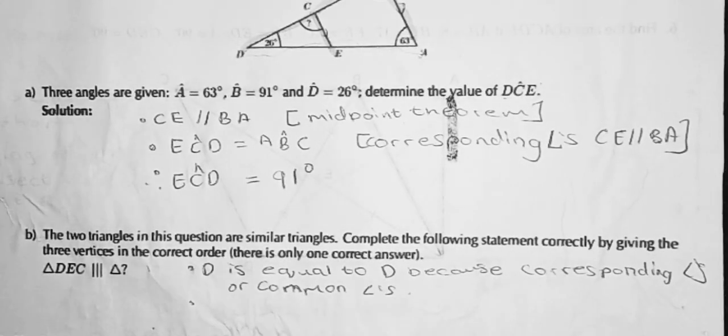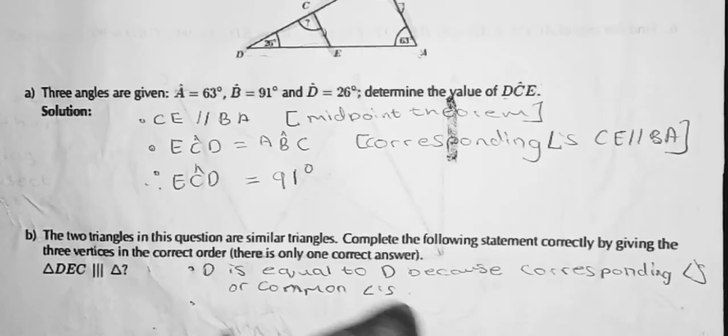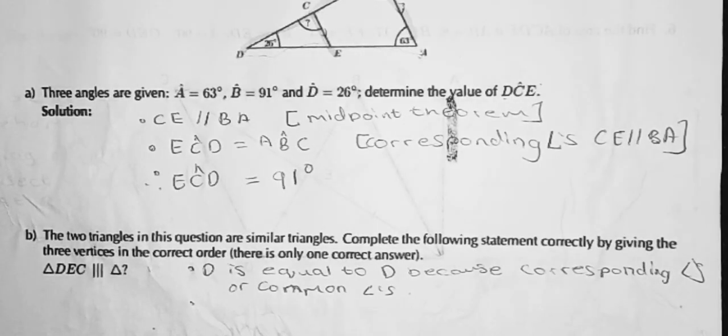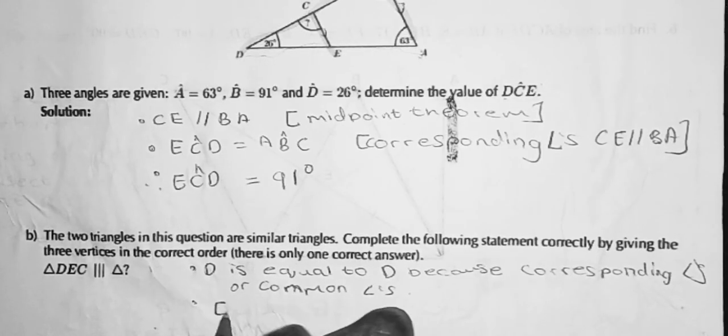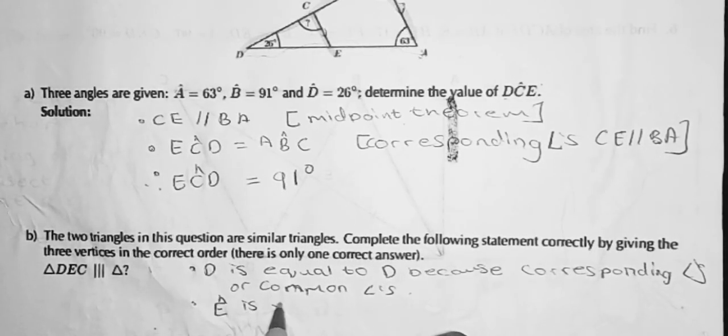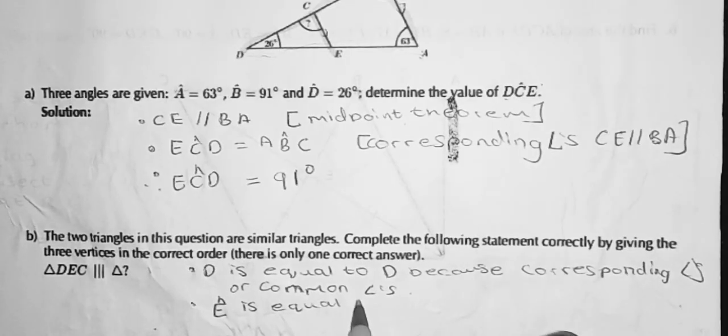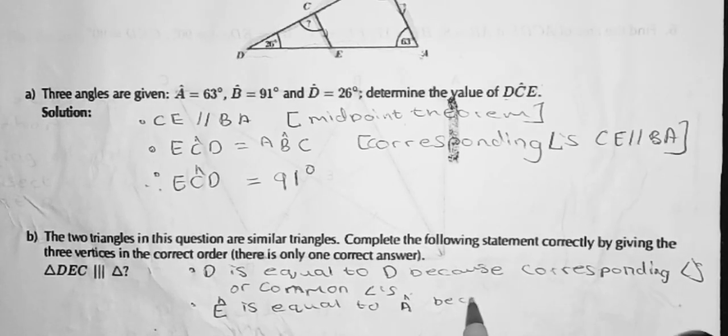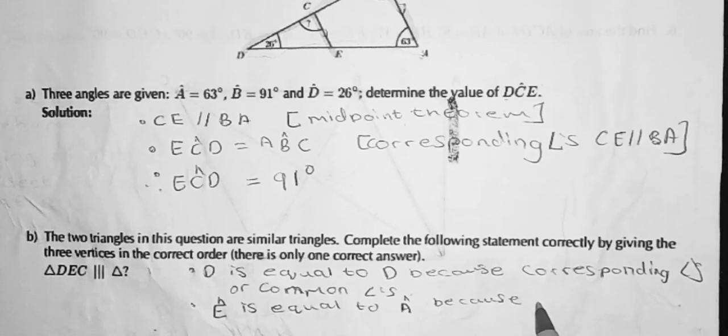So let's write angle, or you're going to use DAB. Okay, DE. So E is equal to angle A because of corresponding angle.